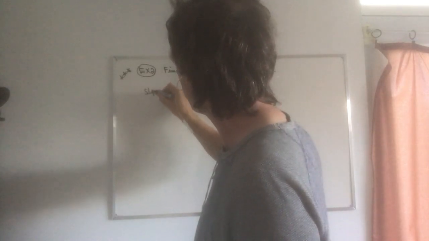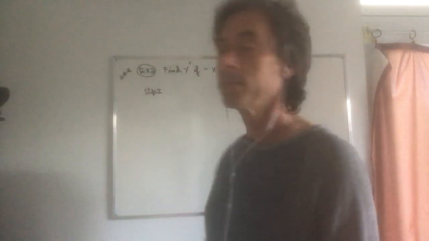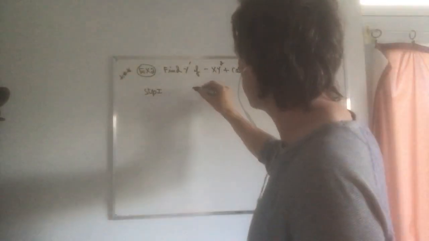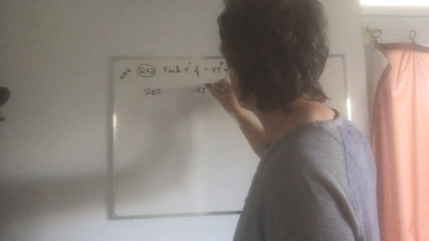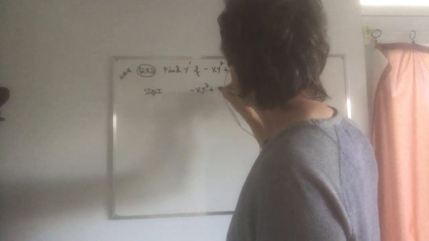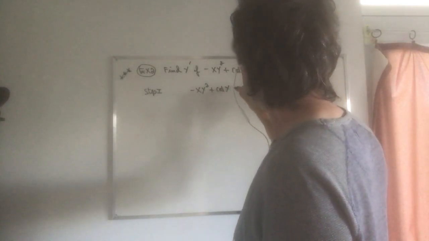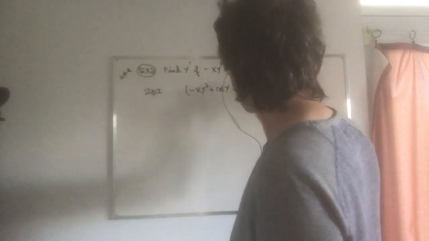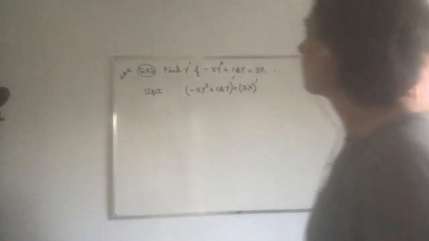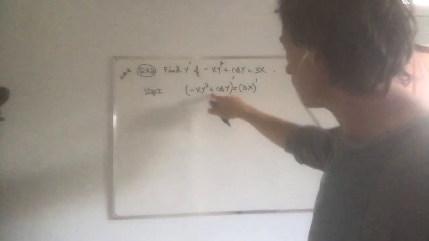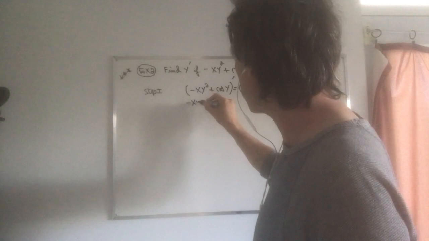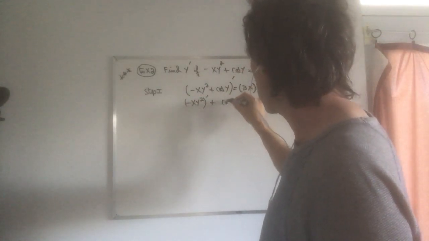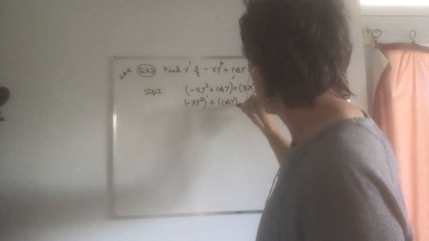Step 1. What is step 1? Derive both sides, so prime both sides. So minus xy squared plus cos y is equal to 3x. We shall prime both sides. Okay, there's a plus, so minus xy squared prime plus cos y prime.